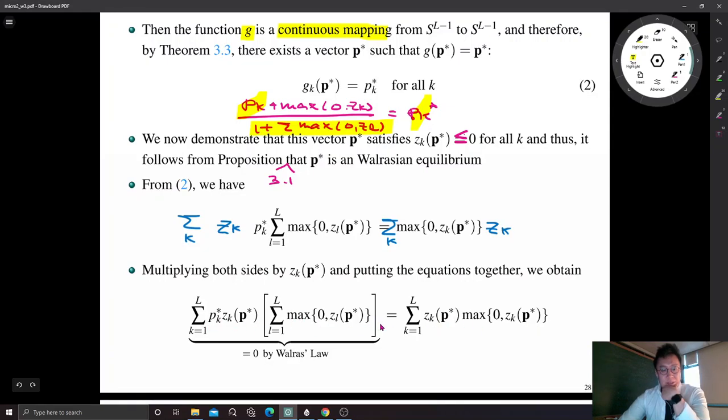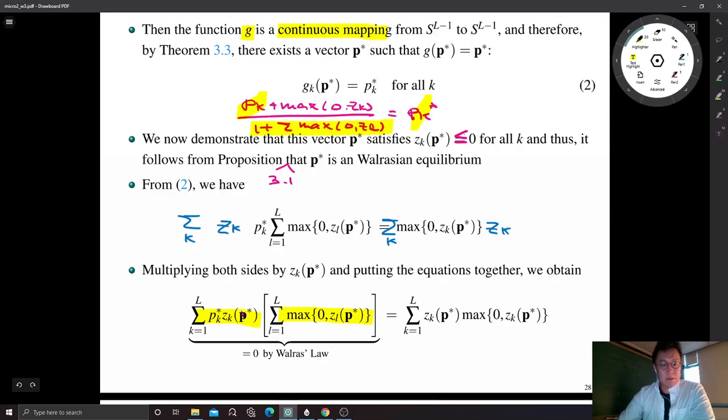And on the left-hand side, we have a summation in front over k, so Z sub k times P sub k, that is right here, and another summation over L in the second. Because k and L are totally separable, in order to compute this summation, we can separate this one and compute each summation.